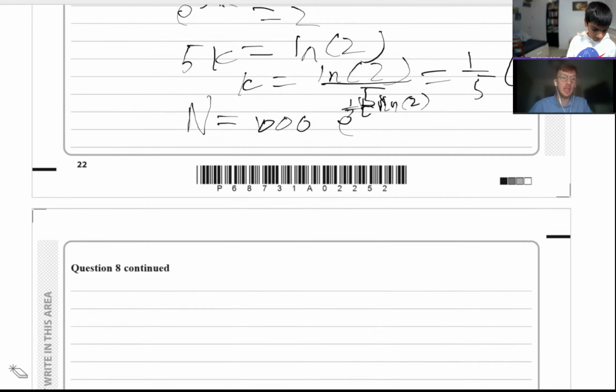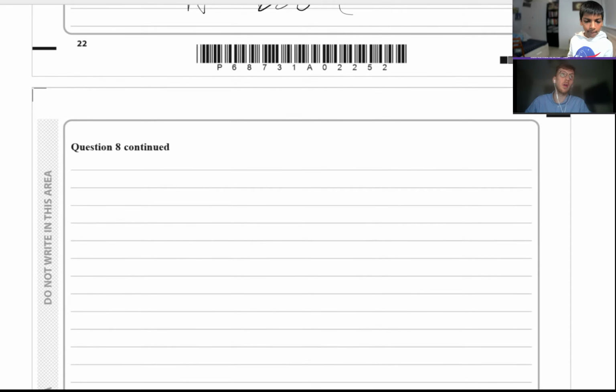So make sure you're reading the question carefully, otherwise you might get deducted a mark in an exam if it's asking for a complete equation and you don't write an equation, because an equation has to have an equal sign. Otherwise it's just an expression.